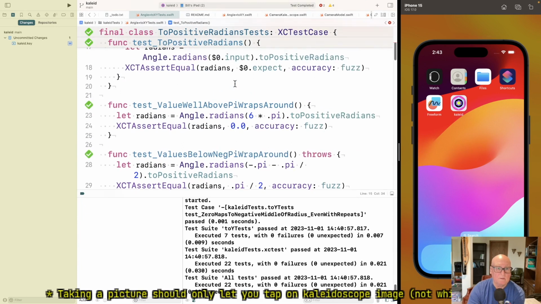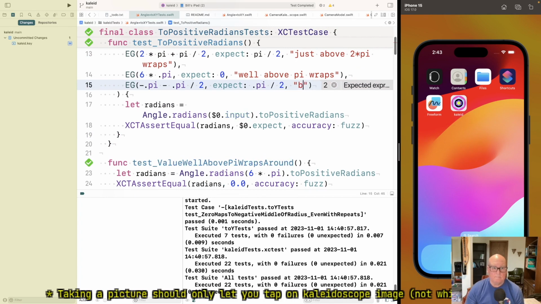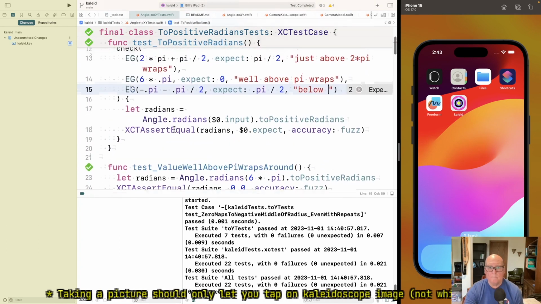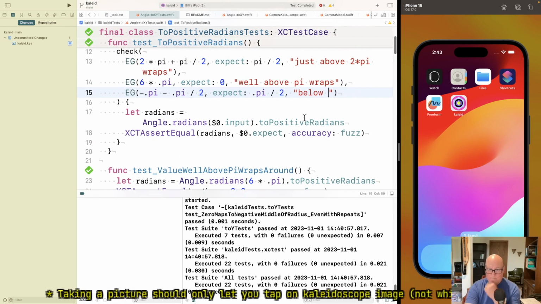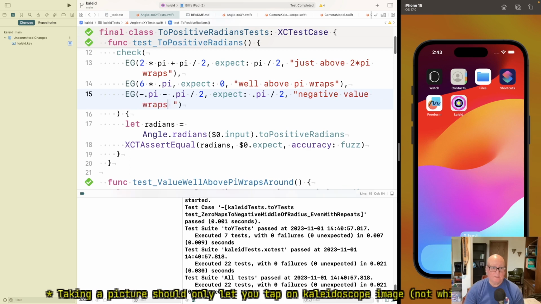Pi over 2. I think this is really just negative value wraps.